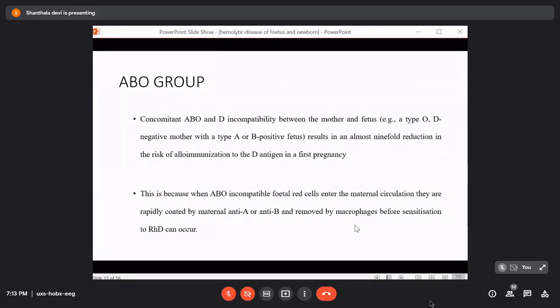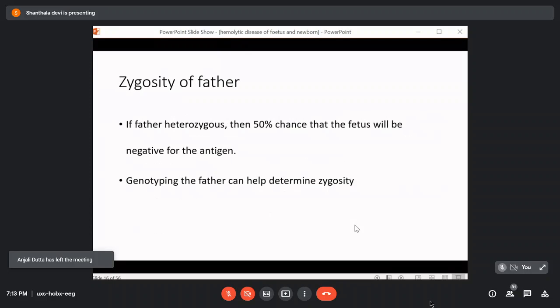So ABO incompatibility along with Rh incompatibility gives a selective advantage and the severity of the hemolytic disease decreases if both the incompatibilities coexist.